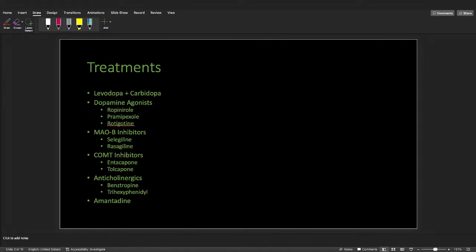The first line, the most common treatment that most Parkinson's patients would receive, is the levodopa and carbidopa combination. We'll talk about this combination more in depth, but at least three of these classes will be shown on one image, so you will all be able to see how it works in the big picture. Dopamine agonists include ropinirole, pramipexole, and rotigotine.